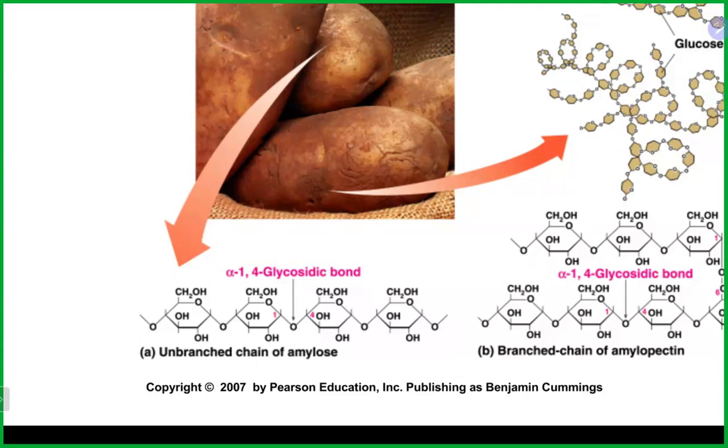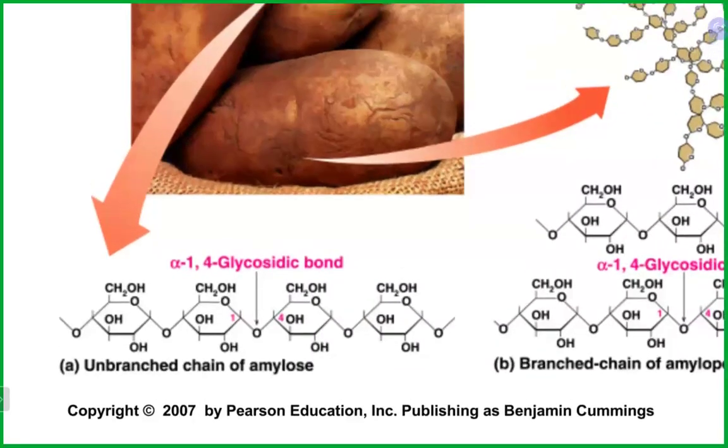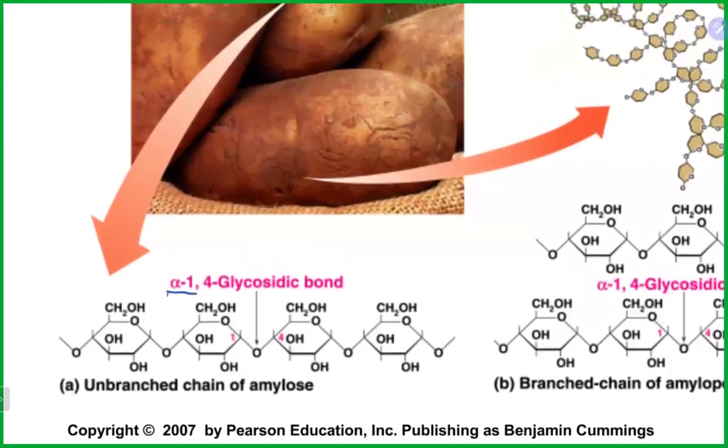Like in organic chemistry, just like a main chain, nothing coming off of it like branches. They're all put together through the alpha 1,4 glycosidic bond, just like we were talking about with our disaccharides. That is from our alpha carbon on our glucose to carbon number 4 on the other glucose molecule.